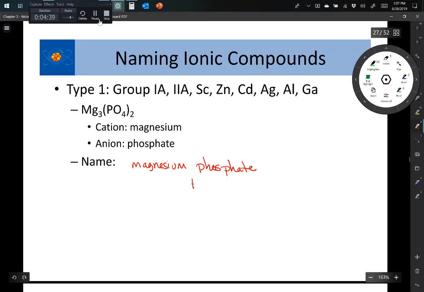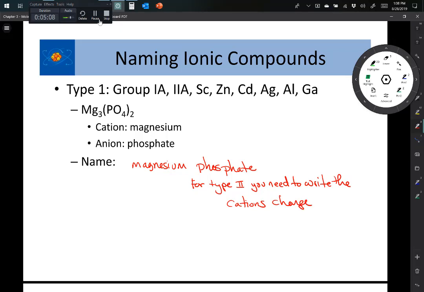For type 2, you need to write the cation's charge. That's the only way it's different, though. So the hard part is you've got to figure out what the charge is in the compound.